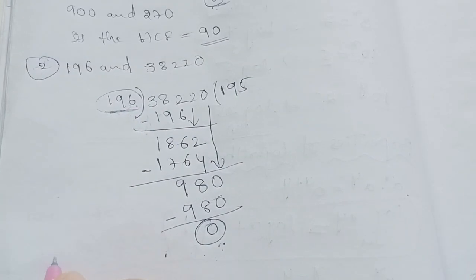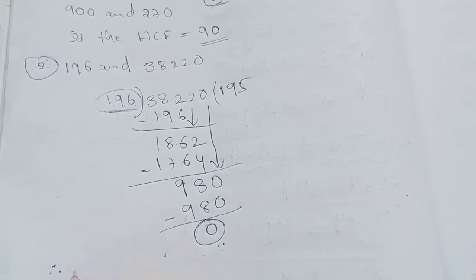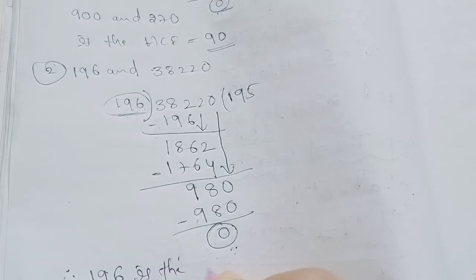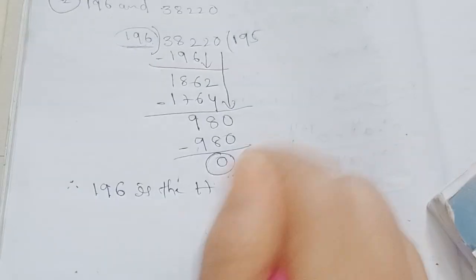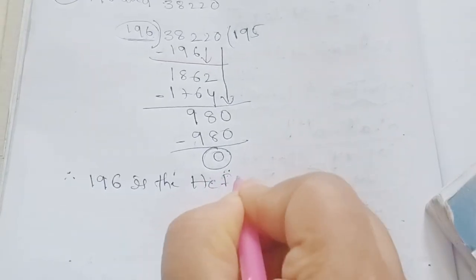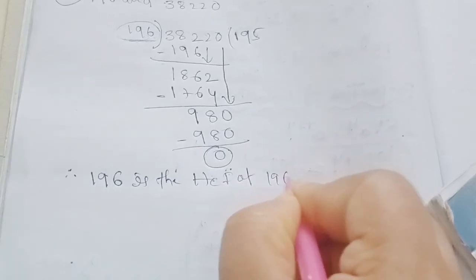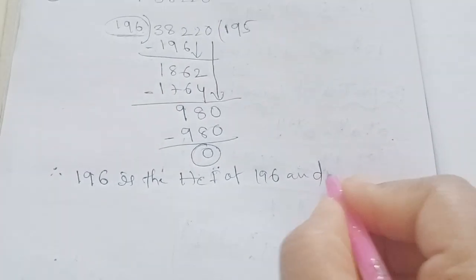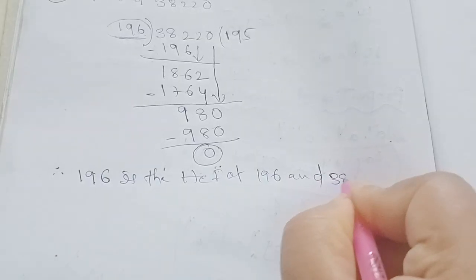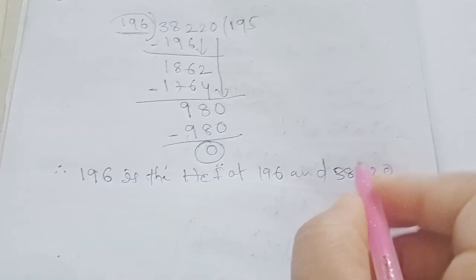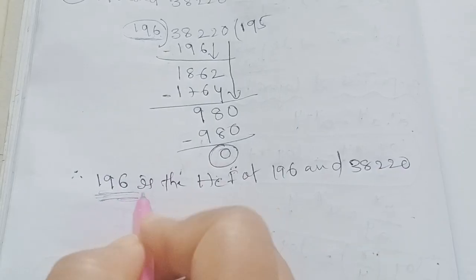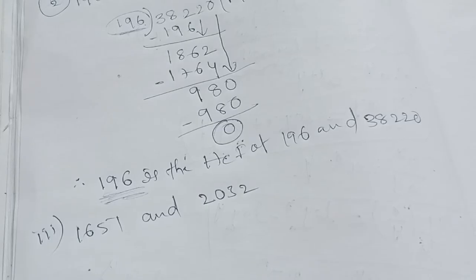So we can write here, therefore 196 is the HCF of 196 and 38,220. Okay, understood? This is the answer. HCF is 196. Okay, next one.